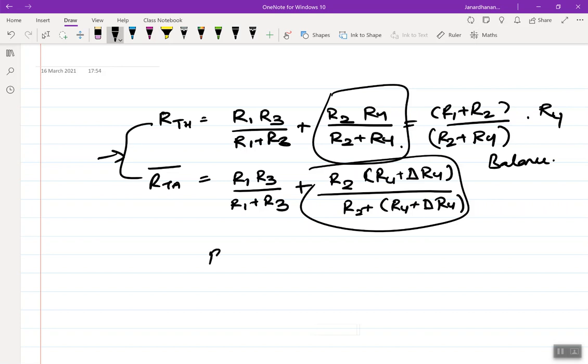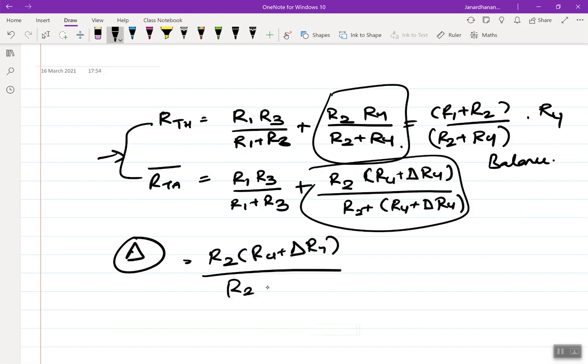Now the change in the Thevenin resistance in both these cases can be summarized in this second part itself. So the change in resistance is R2 times R4 plus delta R4 by R2 plus R4 plus delta R4.